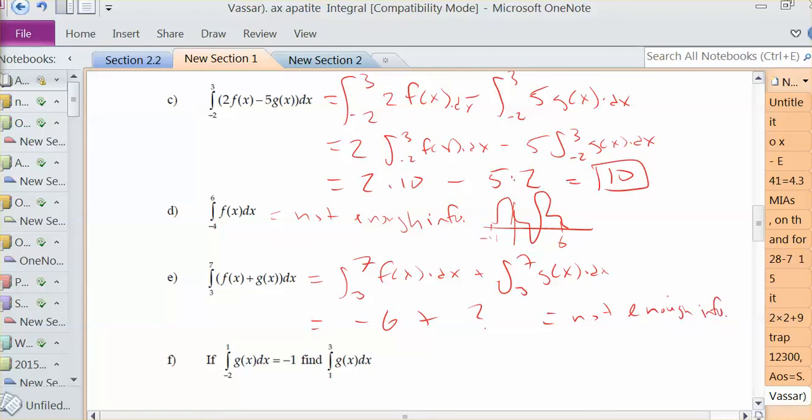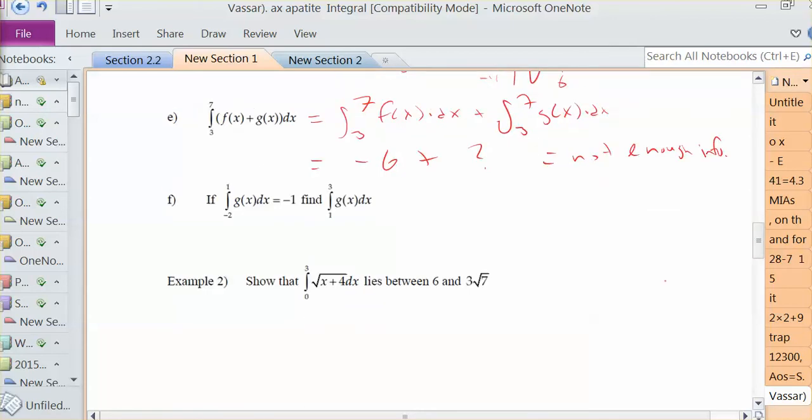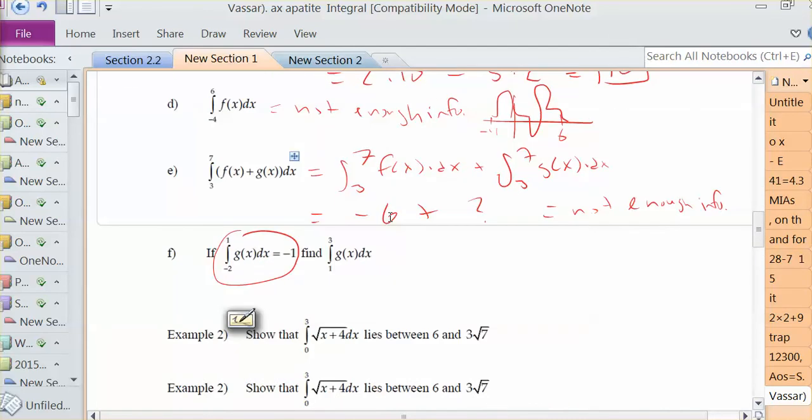Let's look at F. So we can wrap up example 1. So say we're given another definition for g of x, but this time from -2 to 1. You have to find it from 1 to 3. Well, we do know it from -2 to 3, right?